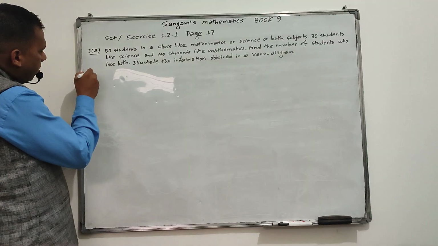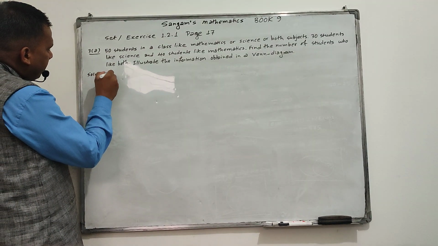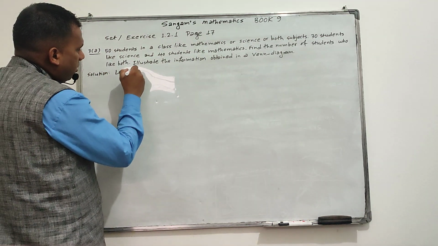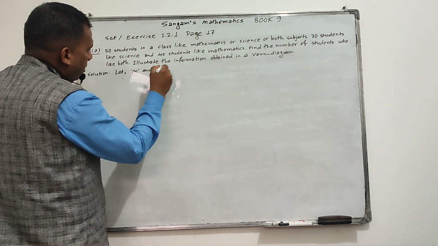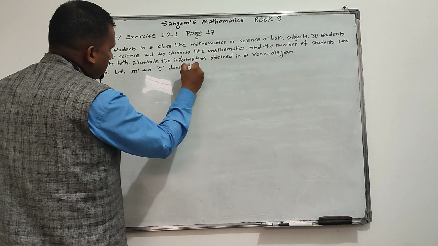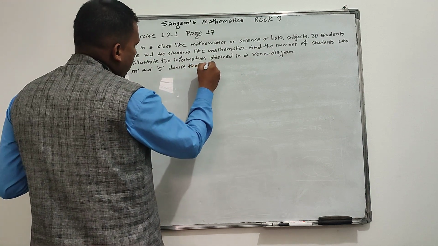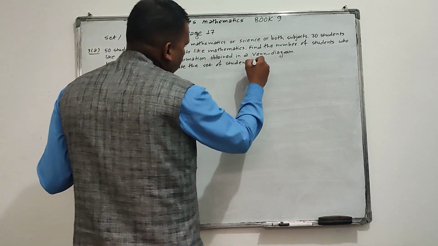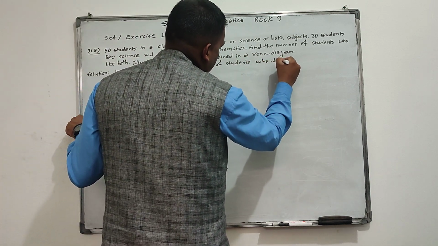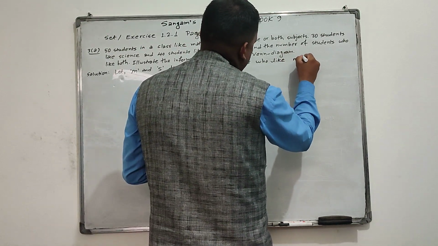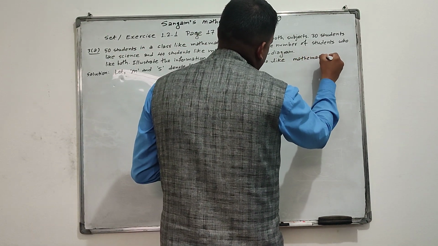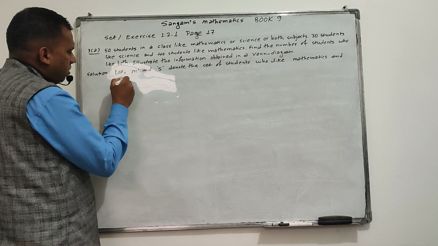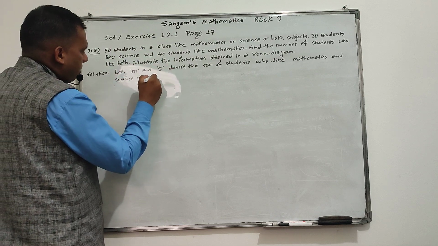Now here's the solution. Let M and S denote the set of students who like mathematics and science respectively.